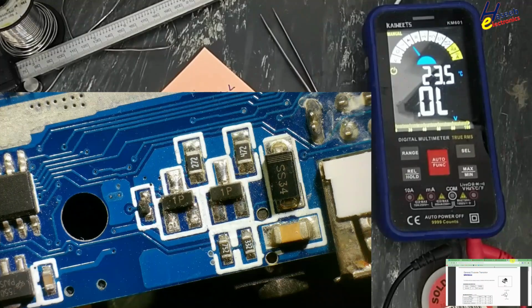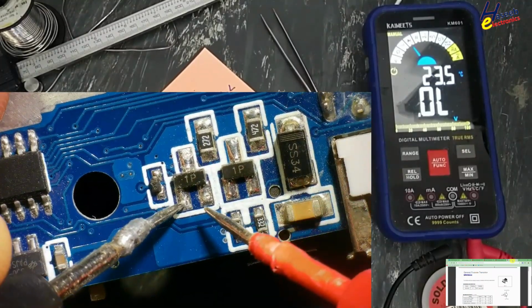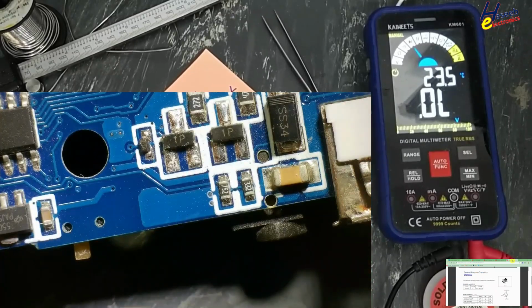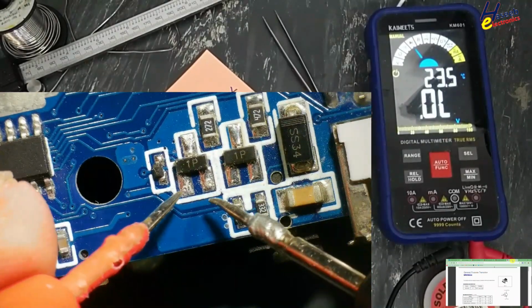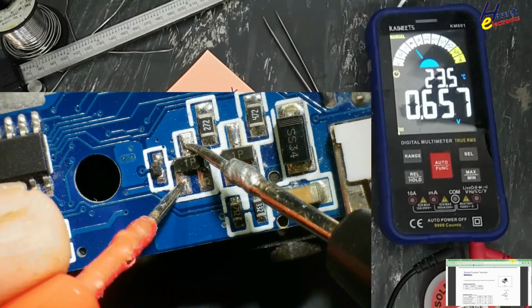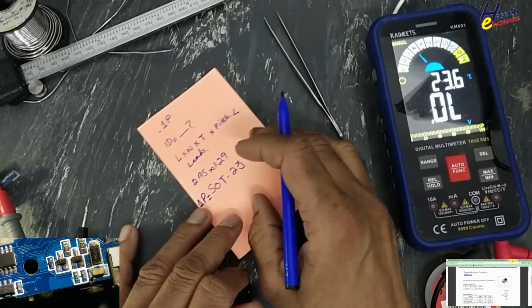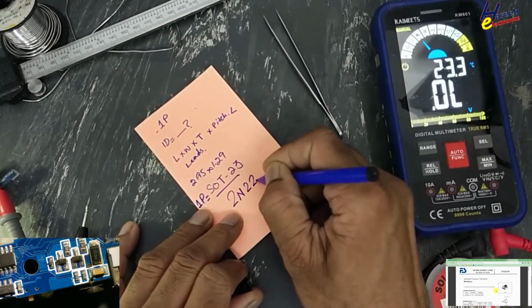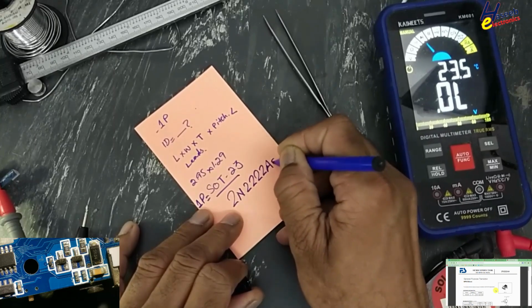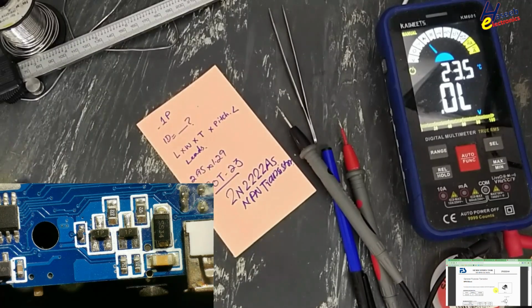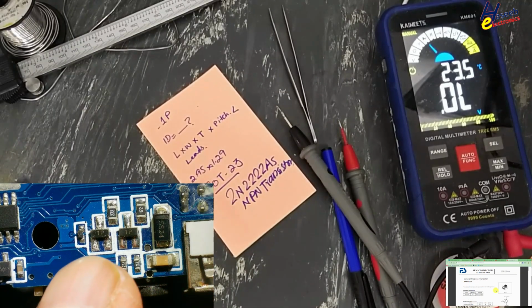If you check in reverse direction, so it is 2N2222A. 1P SMD marking in this package, 2N2222AS transistor.